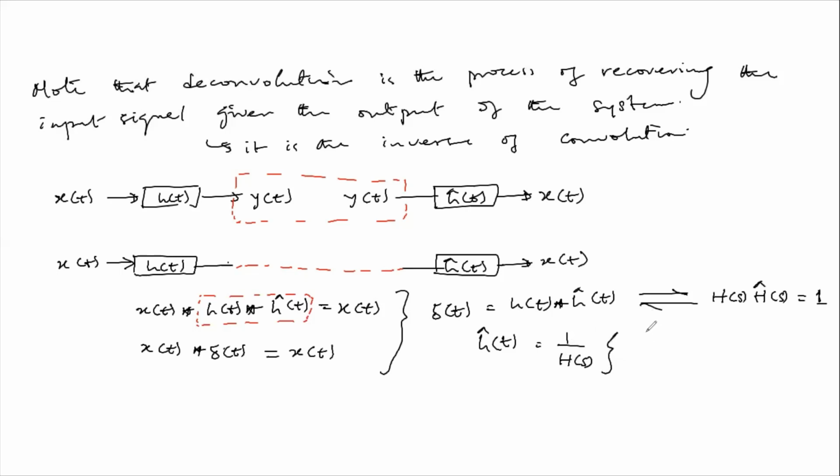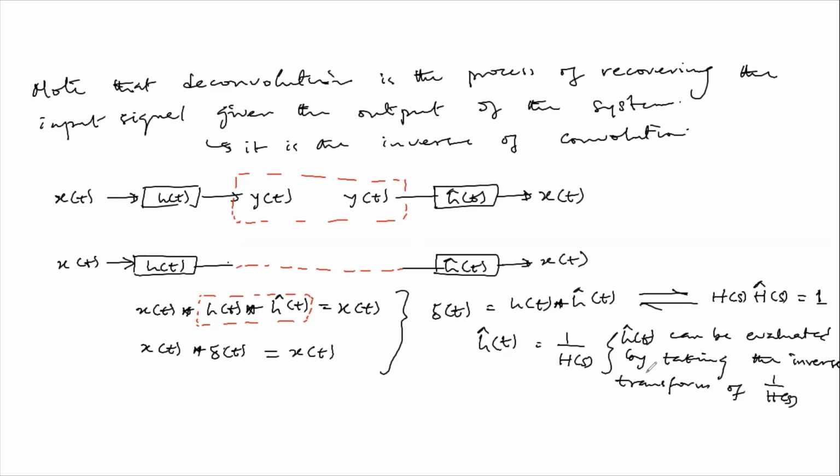Now, in this case, h hat of t can be evaluated by taking the inverse transform of 1 over h of s.